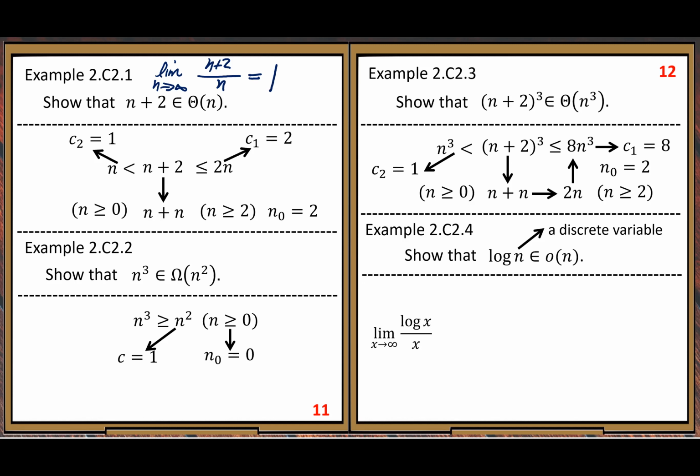All right. So here, at the beginning, I plan to apply L'Hopital's rule. Indeterminate form. First check: the ratio must be an indeterminate form. Infinity over infinity, indeterminate form. That's correct.